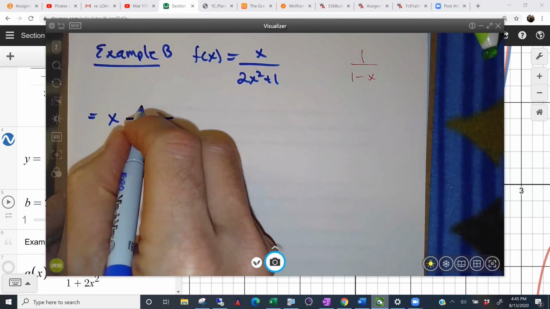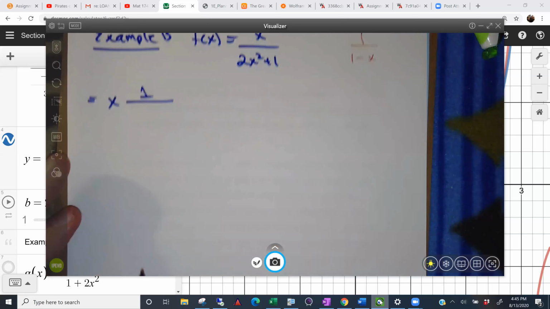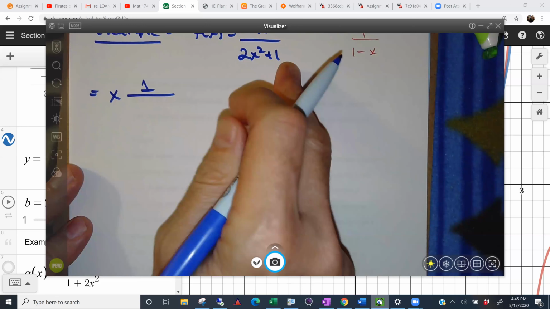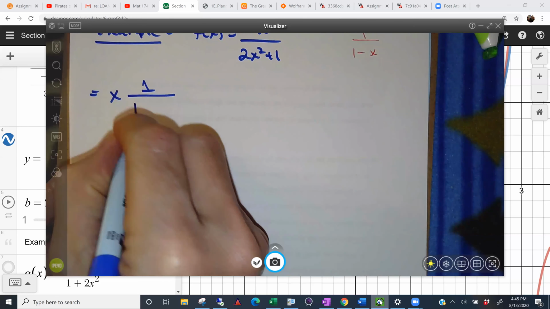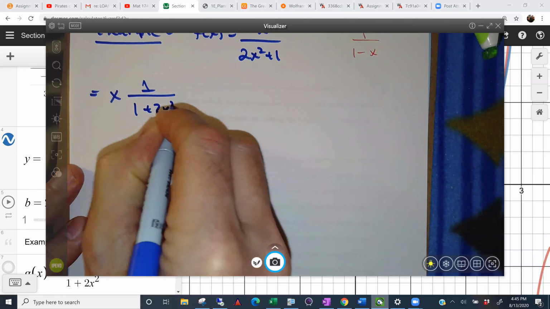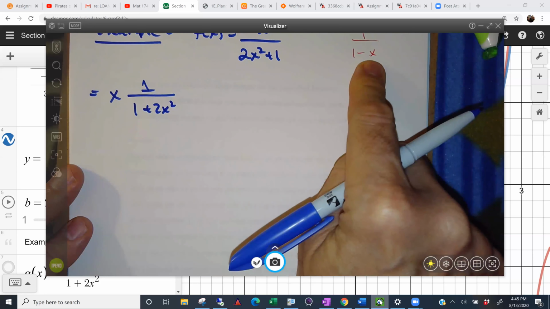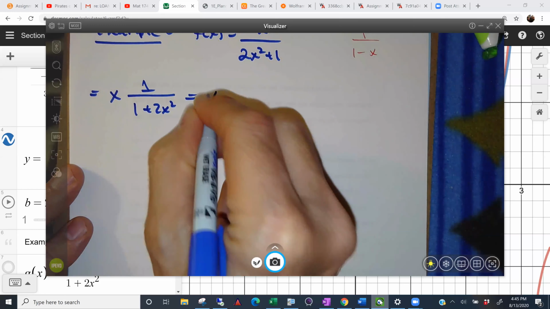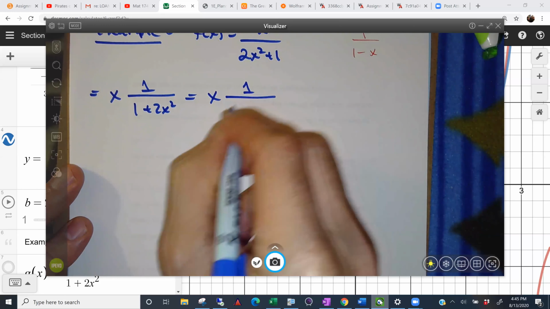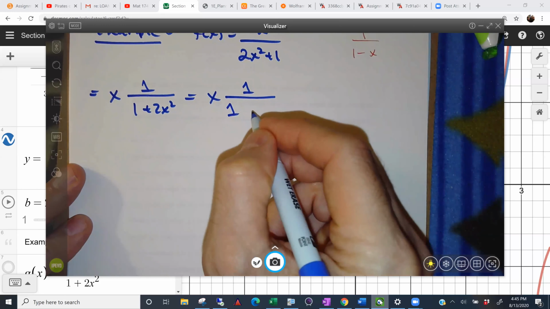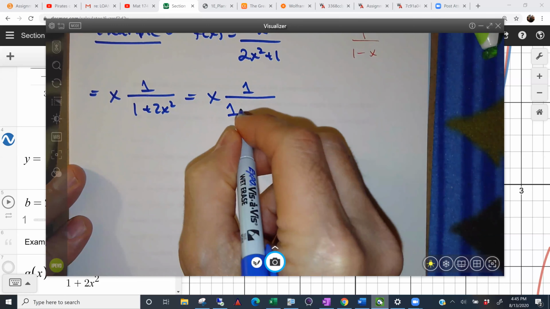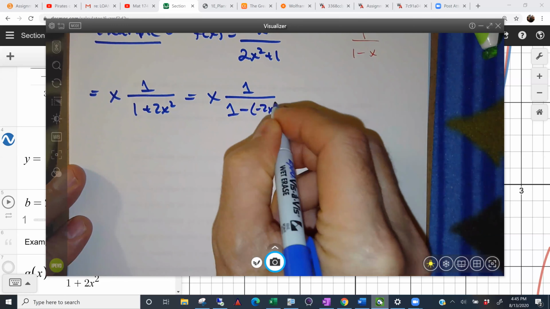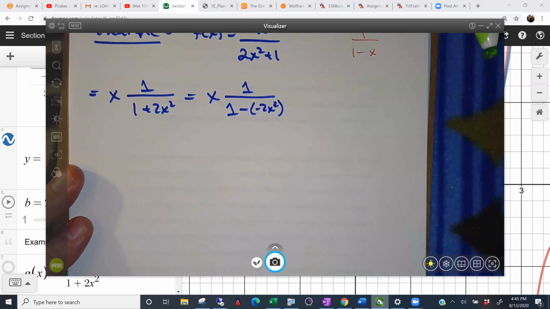So that's going to be x times 1 over, well, let's change the order on those terms. 1 plus 2x squared. And we're getting pretty close, except I need a minus here. So can you think what I'm going to do to get a minus there? And give yourself a big pat on the back if you said write it as minus negative 2x squared, like that.